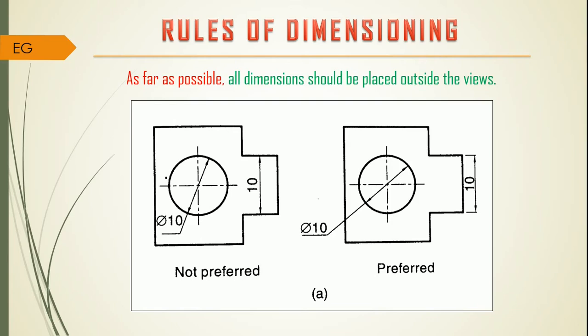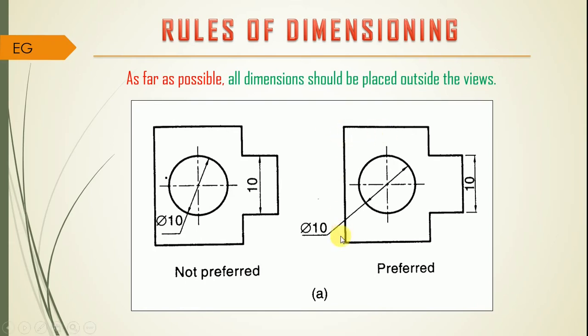So the very first rule is what? As far as possible, all dimensions should be placed outside the views. Here you found at the left side, you are drawing the respective view and showing the dimensions inside the figure. So it is not accepted, it is not the preferred one.